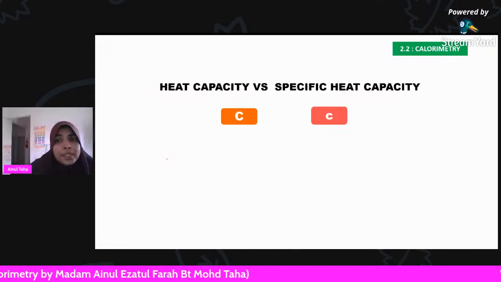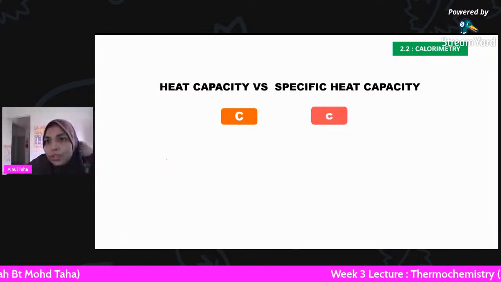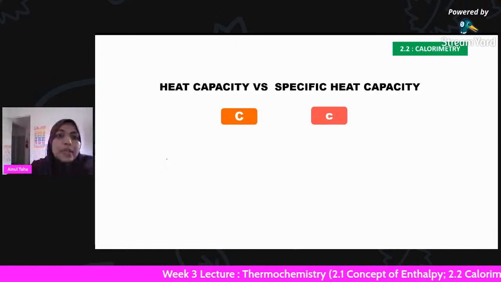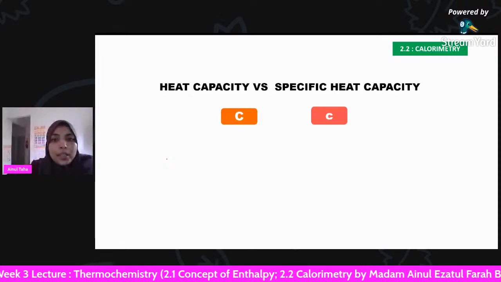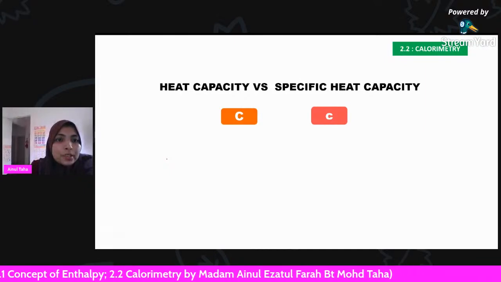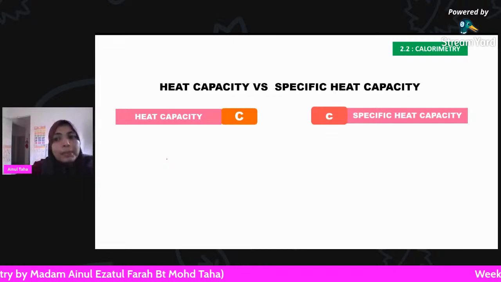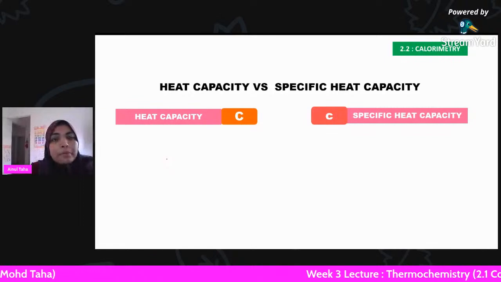Okay, so another thing that you need to know about calorimetry is the heat capacity and also the specific heat capacity. Heat capacity and specific heat capacity can both refer to the same material.